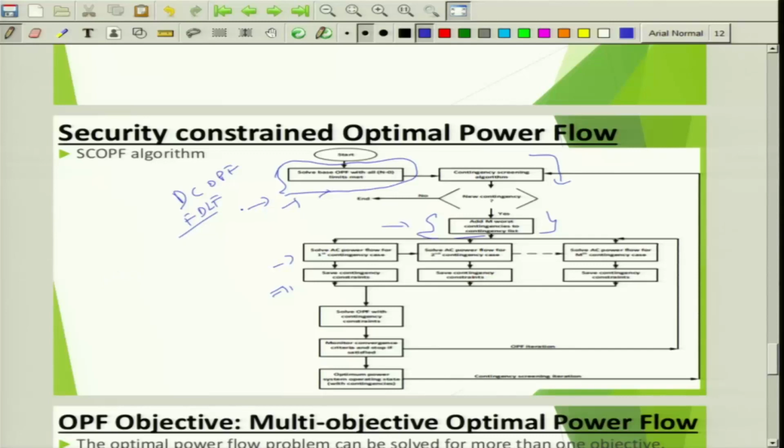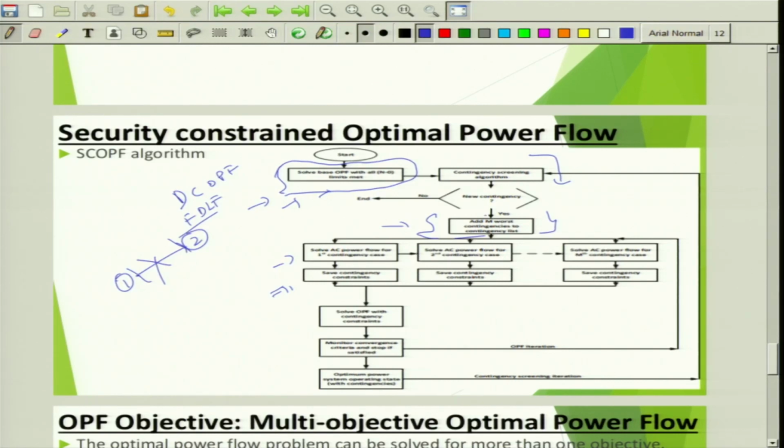A contingency constraint could be, for a specific top-priority line outage, the effect on different buses and their constraints that are added here. Let us say, for example, the first priority could be the line outage between bus number 1 and 2, right. There is a line connected between bus 1 and 2, and this is considered to be the most critical one as per DC OPF.